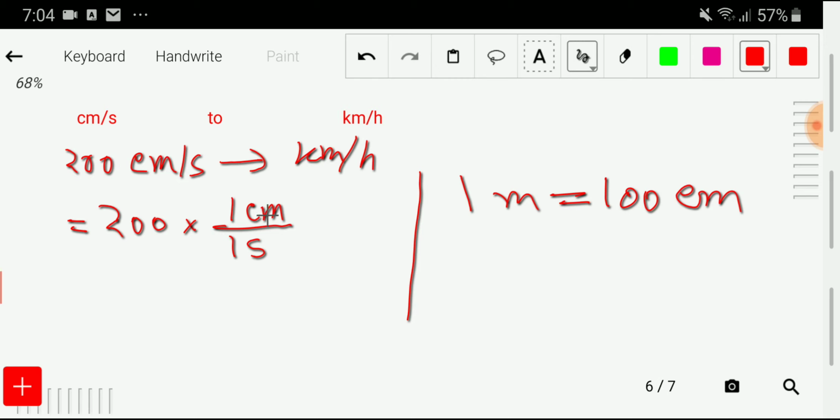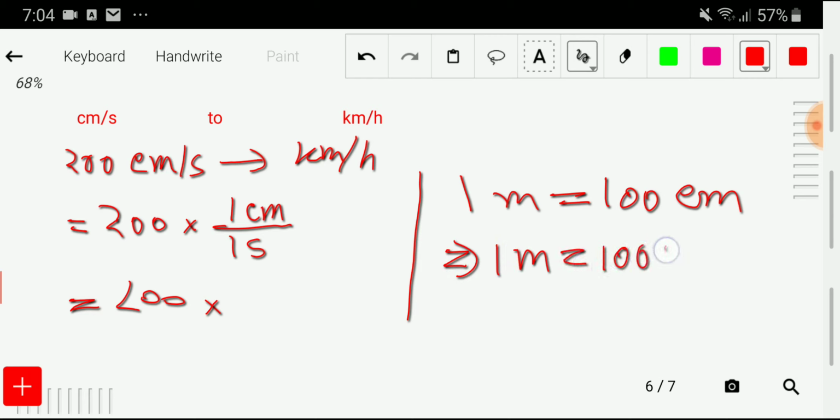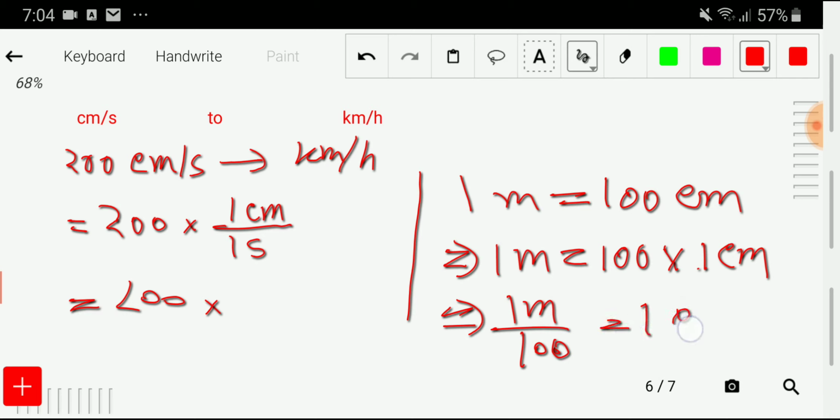So I can rewrite 1 meter equals 100 times 1 centimeter. From here I get 1 meter divided by 100 equals 1 centimeter. That is, the value of 1 centimeter is 1 meter by 100.